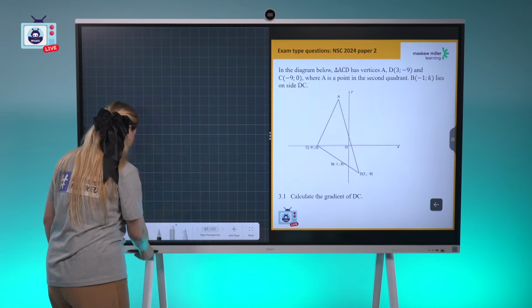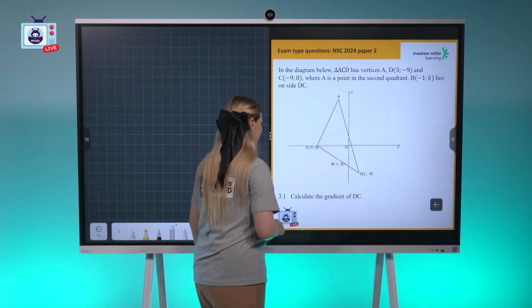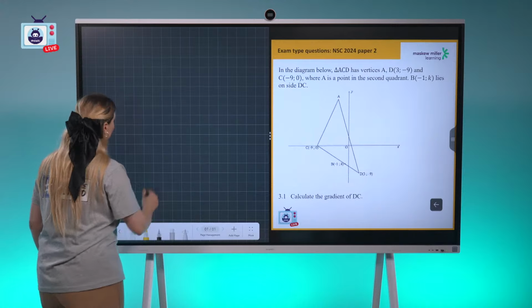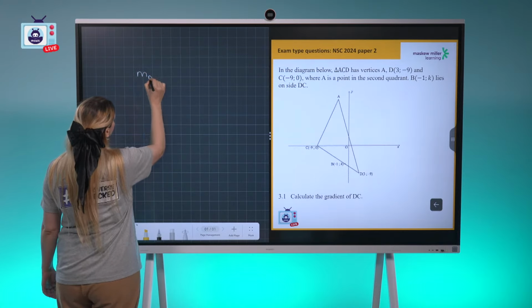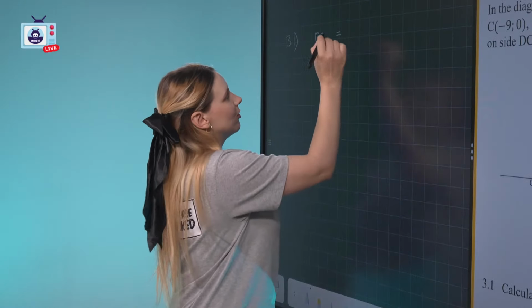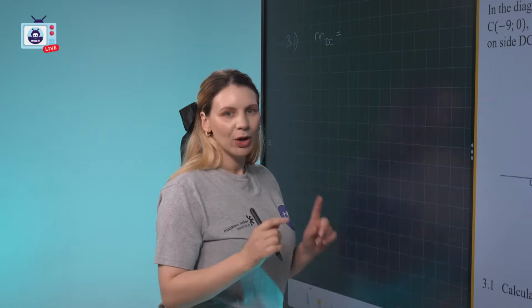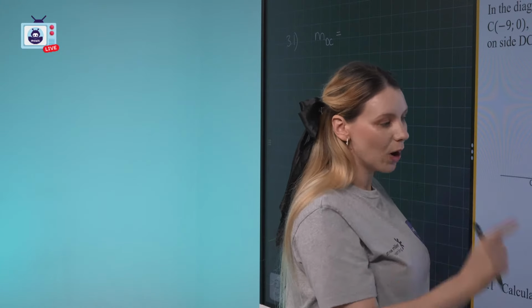Now we have the coordinates of D, and we have the coordinates of C. Let's go back and let's write down that formula. So to work out the gradient, M of DC, all right, we are working out 3.1. M of DC, that is going to be, now we are going to take the difference between the two Y coordinates.